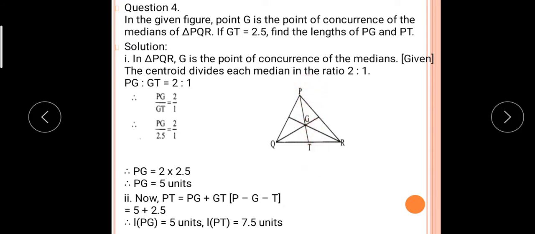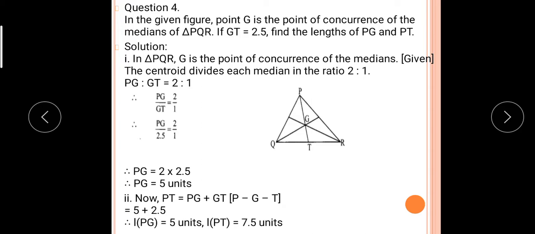Very simple. In triangle PQR, G is the point of concurrence of the medians, so this is called the centroid. A centroid divides the median in a 2:1 ratio. Always remember that this is also one of the properties. Therefore PG upon GT is equal to 2 upon 1.